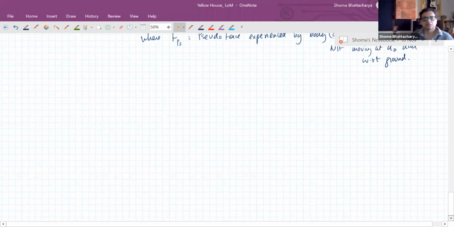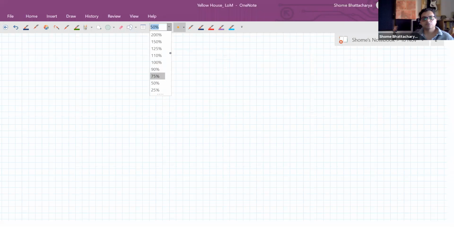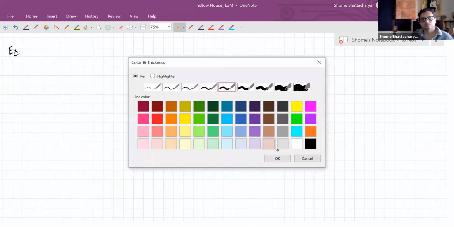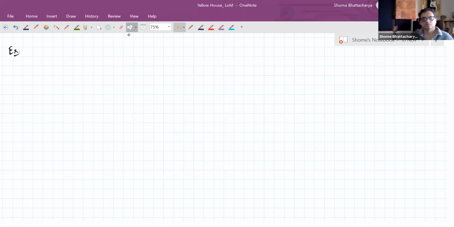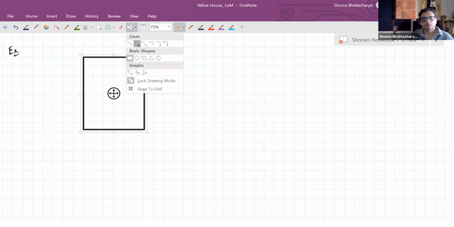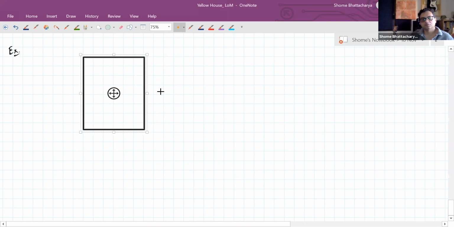Okay, so let us understand the application of pseudo force with an example. So we have the same example of the elevator, which is this time, let's say, ascending.